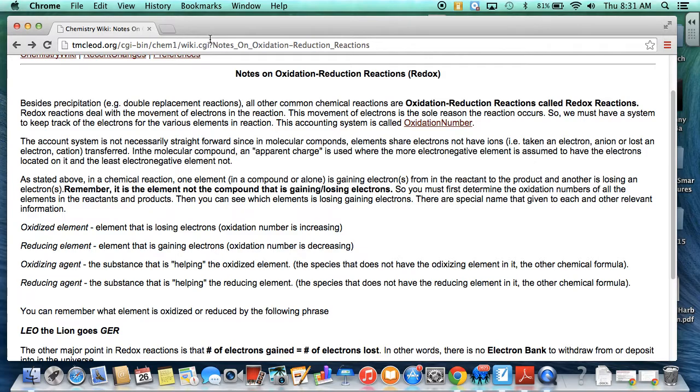So when we explain the directions, we're going to define what's being oxidized, what's being reduced, who's the oxidizing agent, who's the reducing agent. The big picture is you have to realize all those answers are on the reactant side. We don't talk about the product sides when we define who's oxidized, reduced, oxidizing agent, or reducing agent.